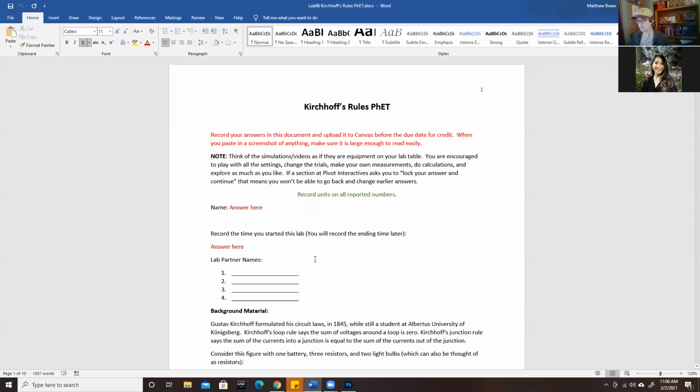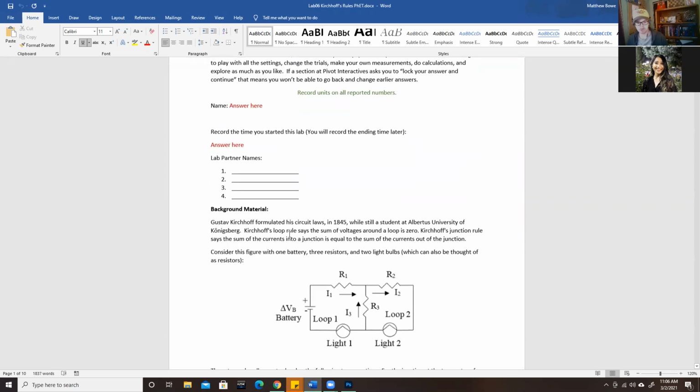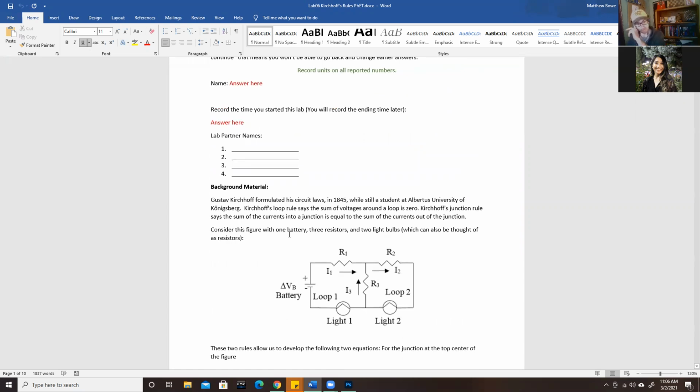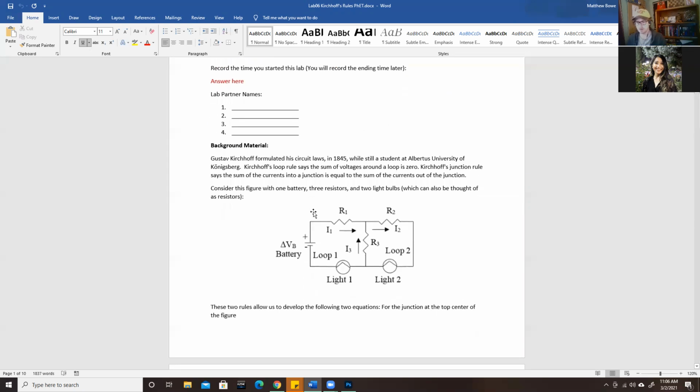It's quite literally going to be creating a circuit in that program we used last week, and there's going to be a bit more calculation and a lot more complex arrangements. The pre-lab has gone over quite a bit of this, and you can always rewatch that one too.